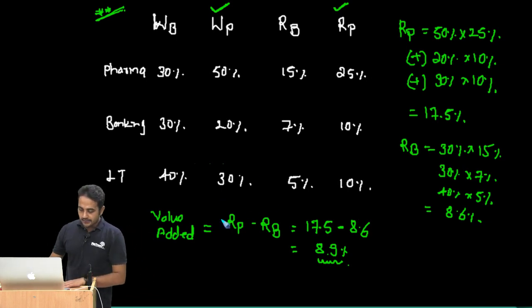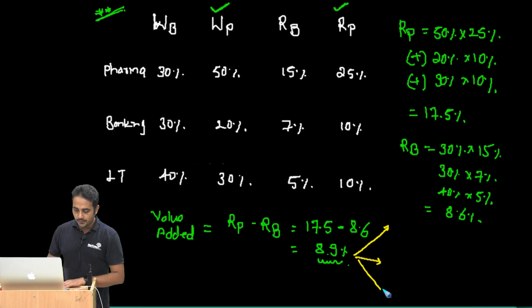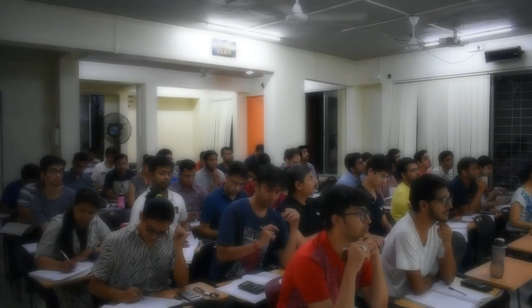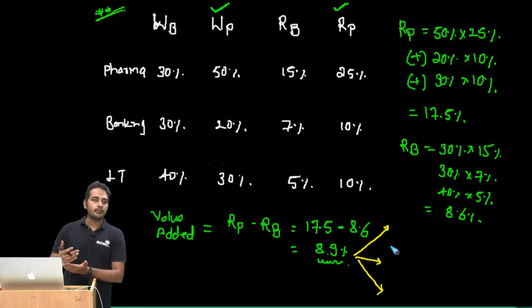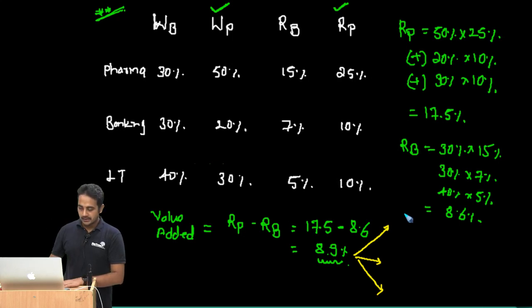So now understand this. We have to break down this 8.9 into three parts. Now, the curriculum has both the formulas, breaking them down into two parts or breaking them down into three parts. I'm going to do the three-part formula because that's more intuitive and easier to apply on the exams.